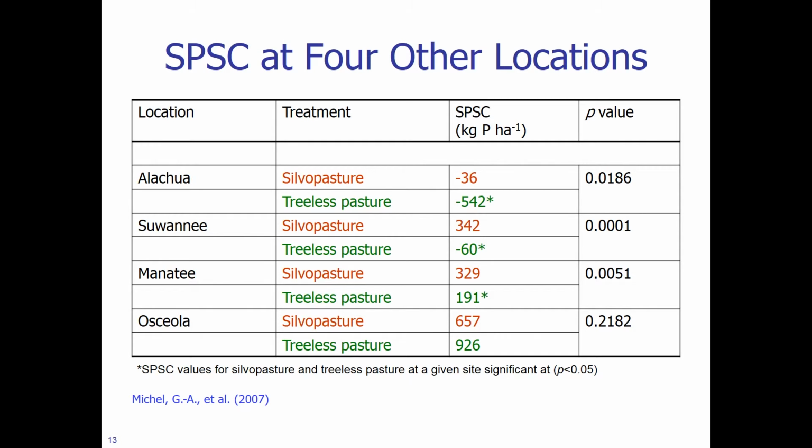When we look at Suwannee County, the treeless pasture has negative capacity, whereas the tree-based pasture has positive capacity. So it's likely that more phosphorus can be added to the silvopasture in Suwannee County versus that in the treeless pastures. For the two spodosols, we have a different scenario.